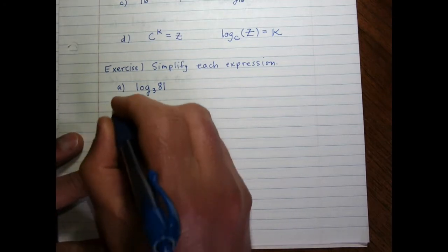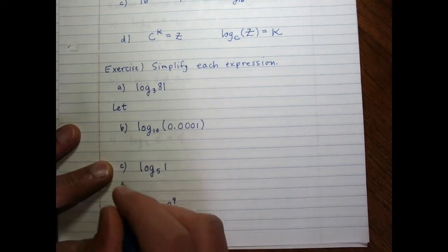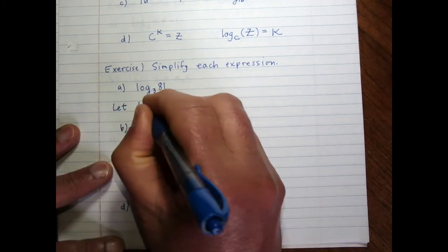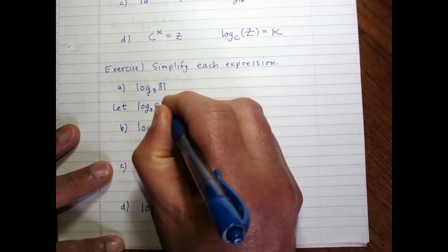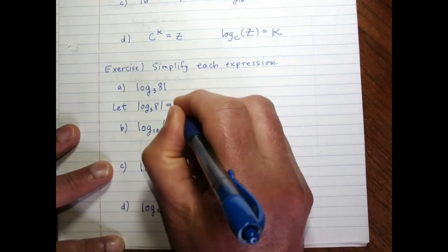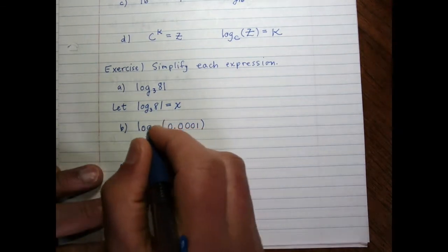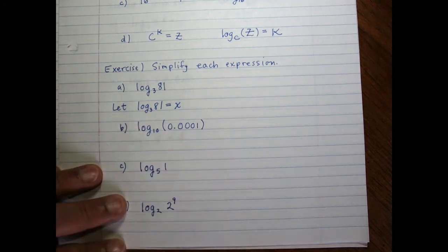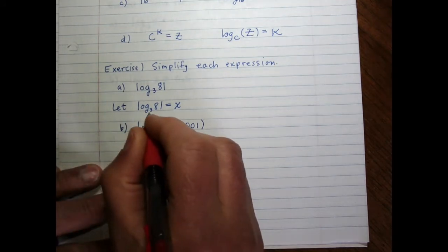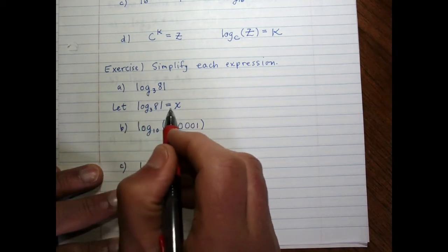What I like to do is take that log base 3 of 81 and set it equal to a variable. So we're going to set it equal to x. The reason I do this, I create an equation that we can now translate into exponential form. So I set the log expression equal to x.